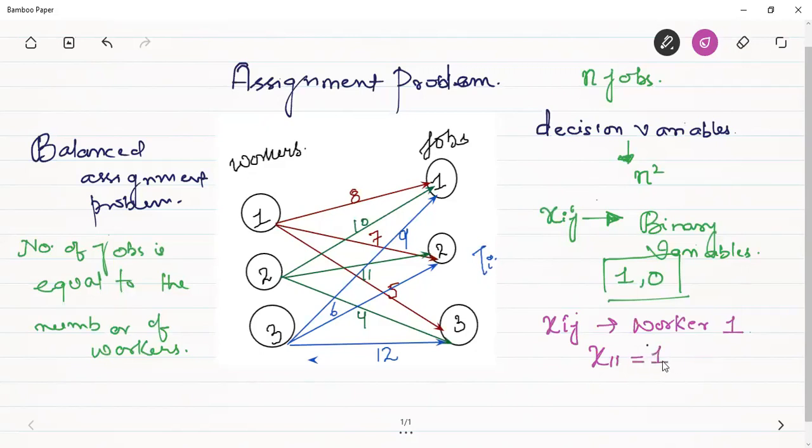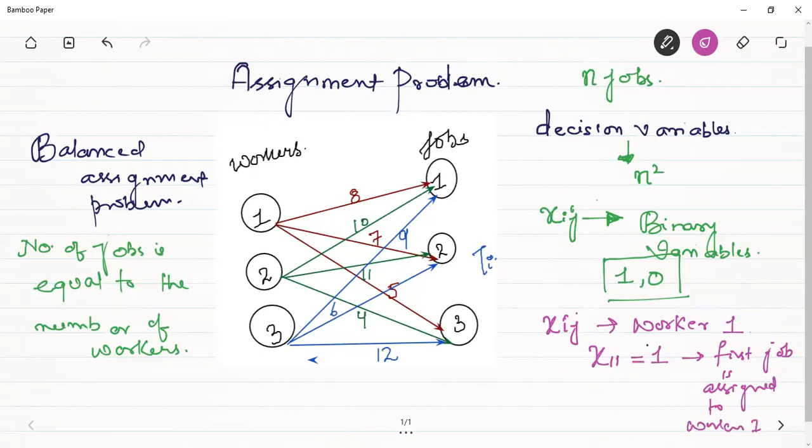It means that the first job is assigned to worker 1.